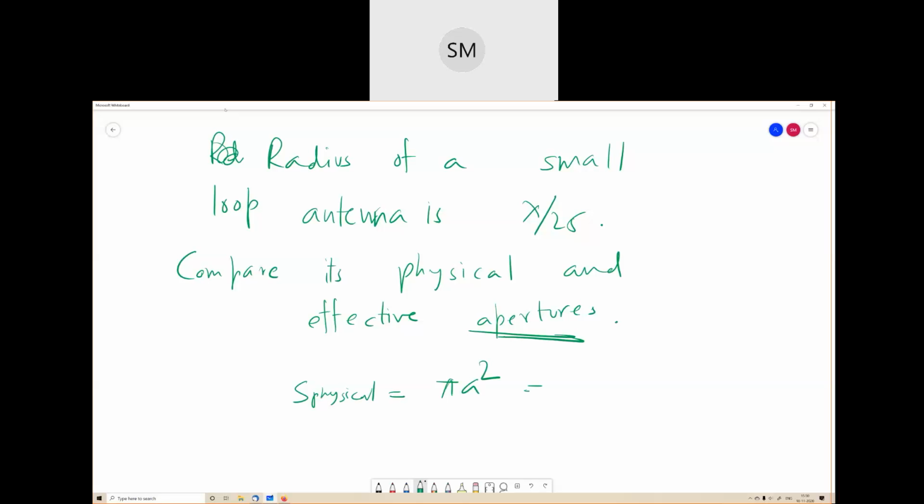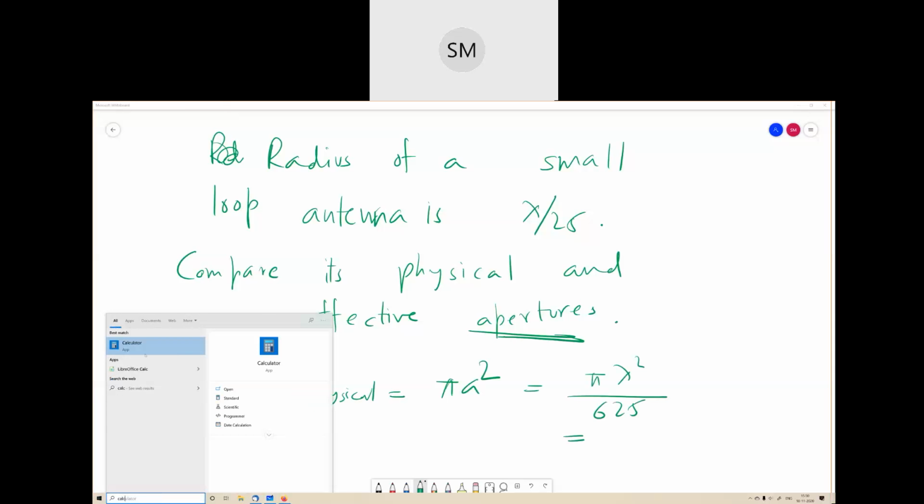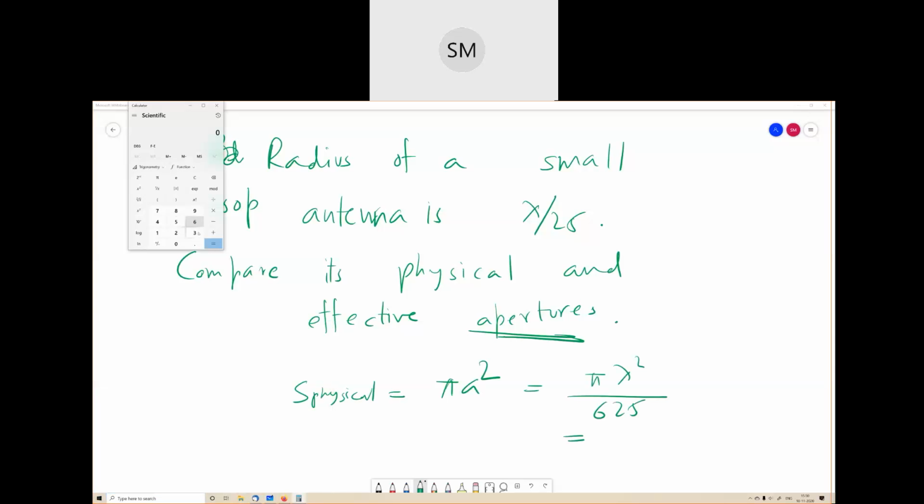So that is pi lambda square by 625. What is pi by 625? It is 0.005. Okay, so this is the physical aperture. Physical aperture is simply the physical area.